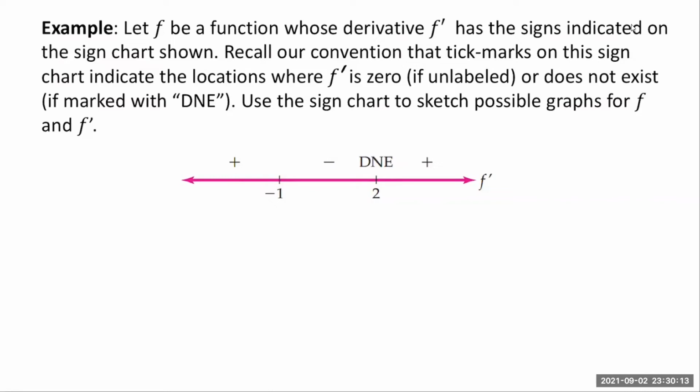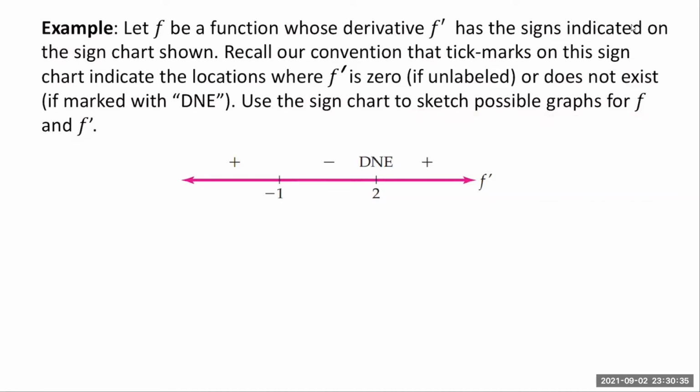If there is nothing written, the derivative is 0. All right, let's see what the question asks us to do. Use the sign chart to sketch possible graphs for f and f prime. How do you draw a possible graph of f? Let's first do the possible graph of f.